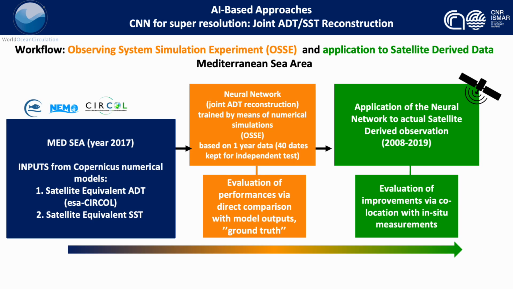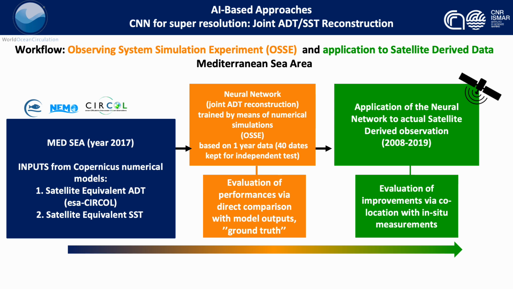Here we provide an outlook of the workflow explaining our experiment. So starting from 1 year of numerical model outputs for the Mediterranean area during the year 2017, we extract satellite equivalent absolute dynamic topographies and sea surface temperatures. These quantities are then combined together exploiting the convolutional neural network architecture that we showed previously.